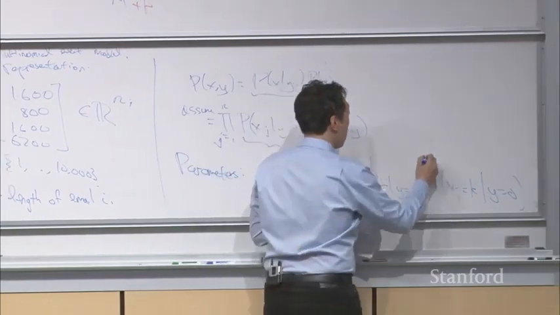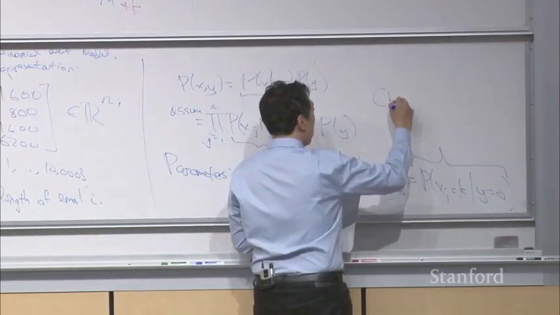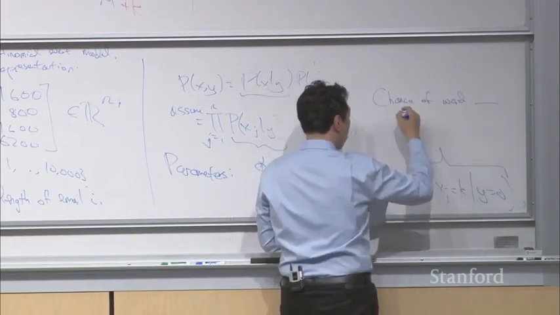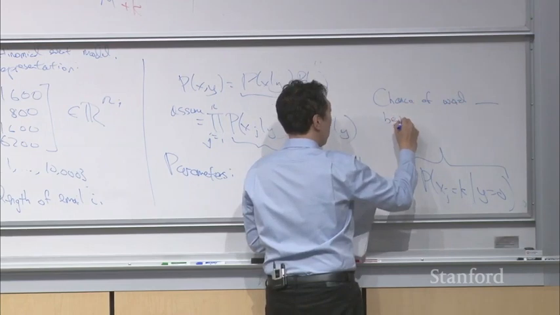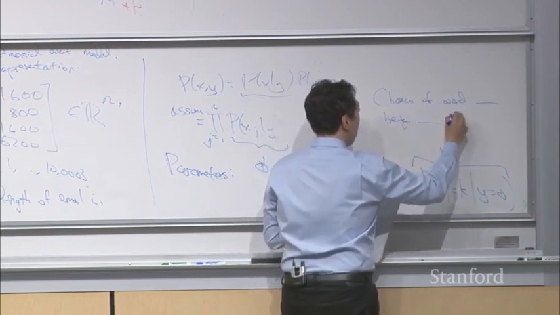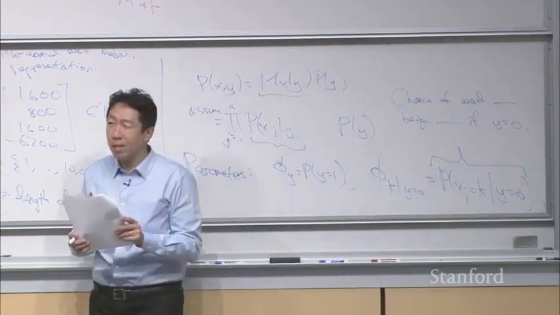Just to make sure you understand the notation, see if this makes sense. This probability is the chance of word blank being blank if label y equals 0. So what goes in those two blanks?